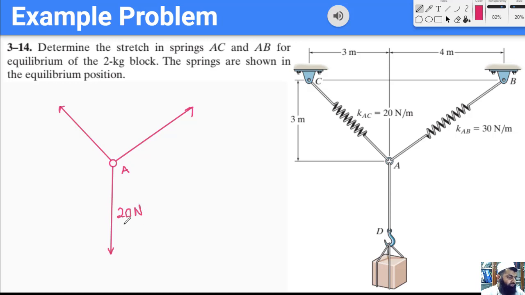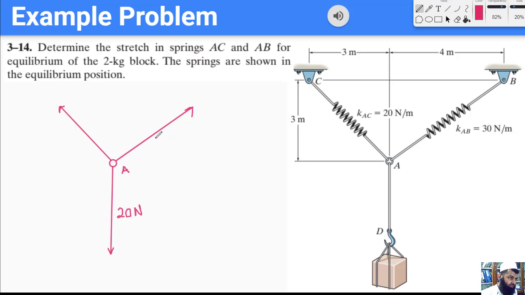We are taking the value of g to be 10 meters per second squared. So mass is 2 kilograms and the gravitational acceleration is 10 meters per second squared. So we get a downward force of 20 Newton, which is equal to the weight of this block.